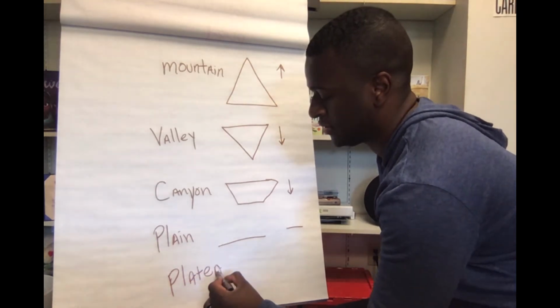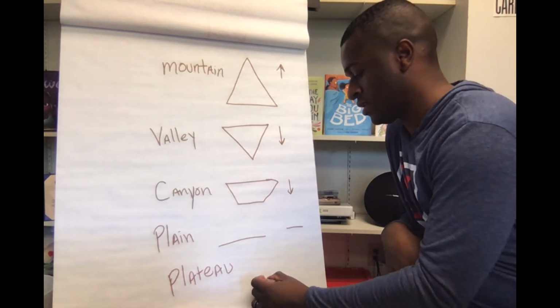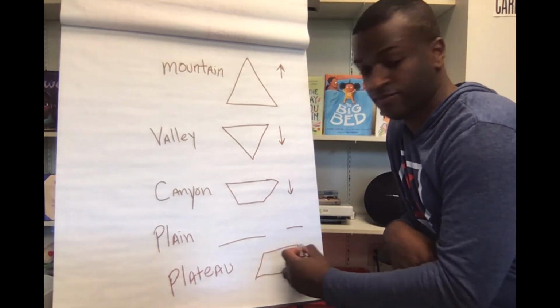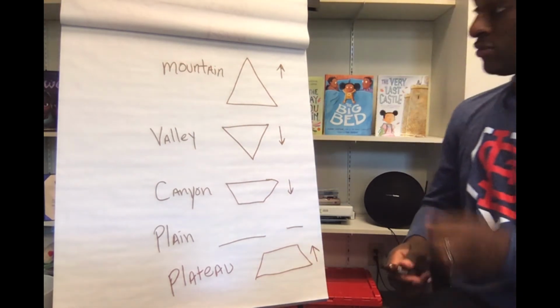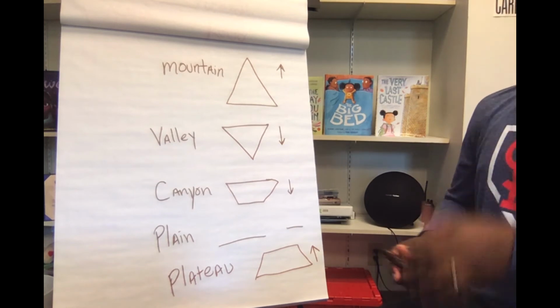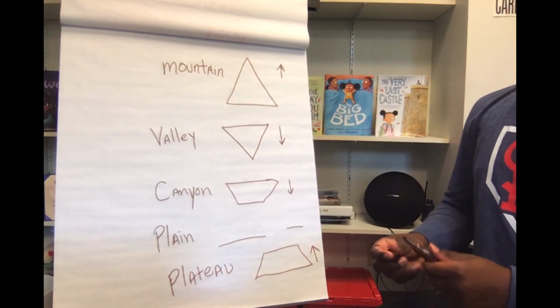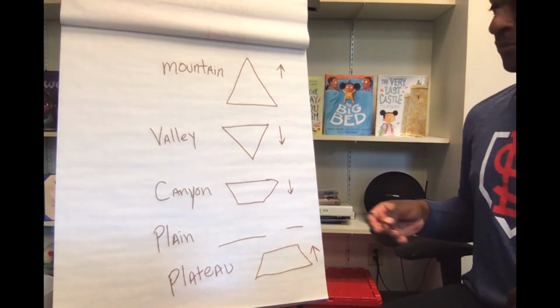Yep, you can see it. A plateau points up and is flat at the top. That's what a plateau looks like. So we got mountain, valley, canyon, plain, plateau. And there are other types of landforms as well, but these are probably the most popular.